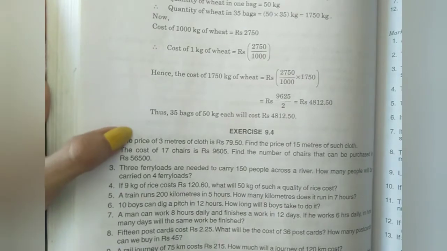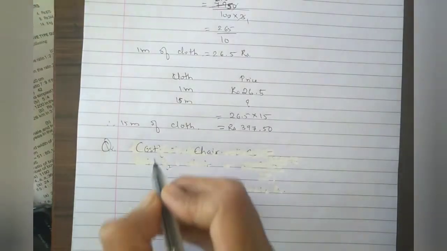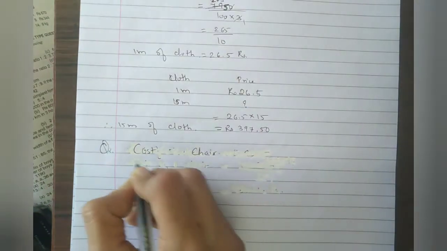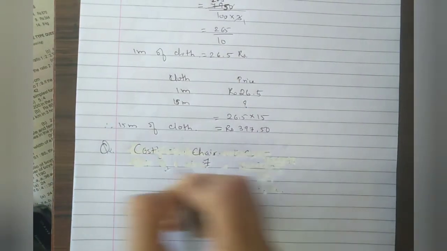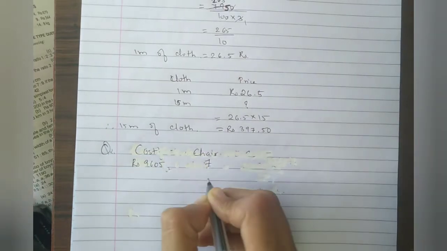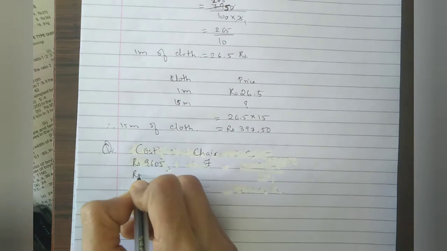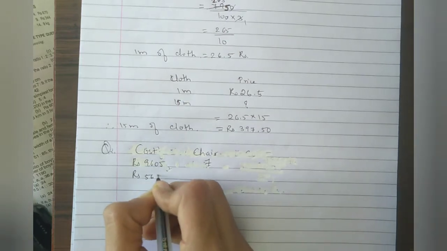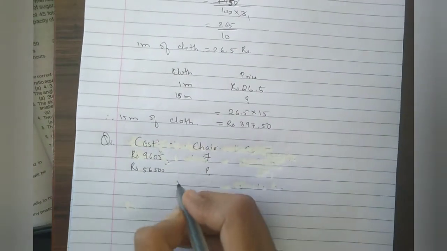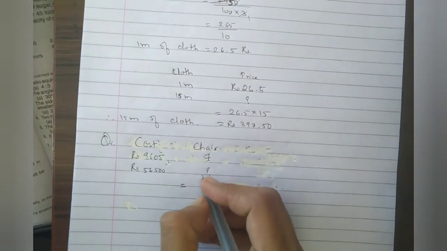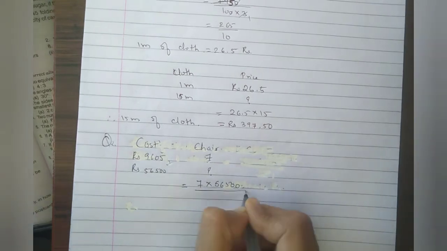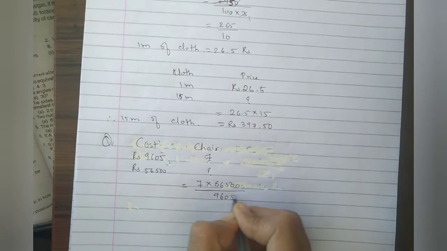For that, first in question 2, the cost of 17 chairs is rupees 9605, and we have to find how many chairs will come for rupees 56,500. So cross multiplication: 17 into 56500 upon 9605.